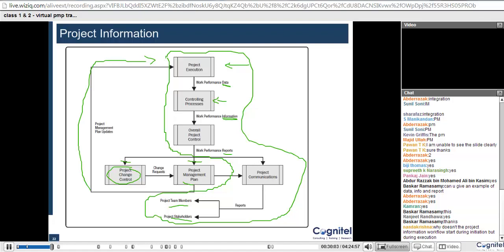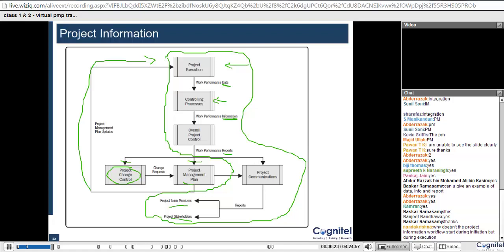Okay, in this, I would say that project information workflow is actually starting in the execution, because that's when you start really working on the project. In the initiation and in the planning, you are just planning out things.